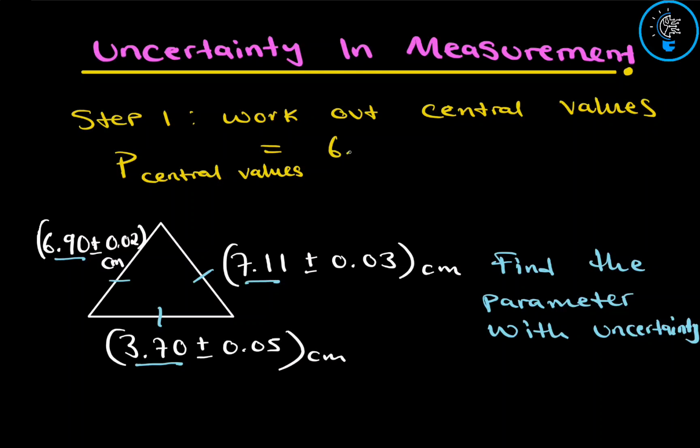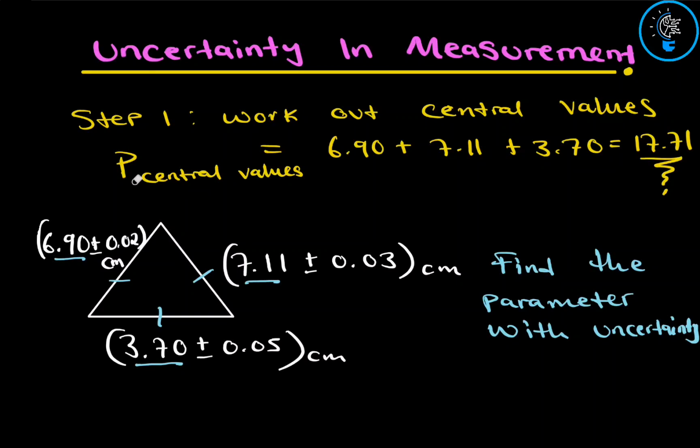So we're going to say 6.90 plus 7.11 plus 3.70. You can punch that into your calculator, 6.9 plus 7.11 plus 3.7, and that will give you 17.71. We need to keep this one. It will be needed in our final answer.